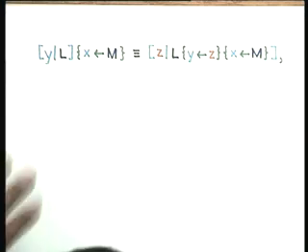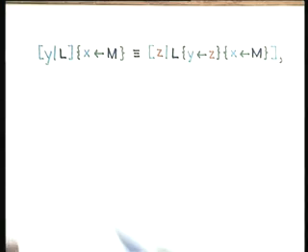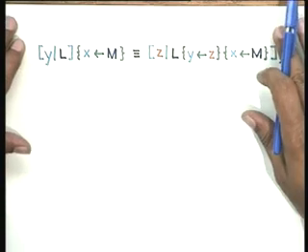Now, what happens, so supposing y were occurring free in M, what would you do? Then what I would do is this: take this lambda y L and let me lower this so that I can still retain this.